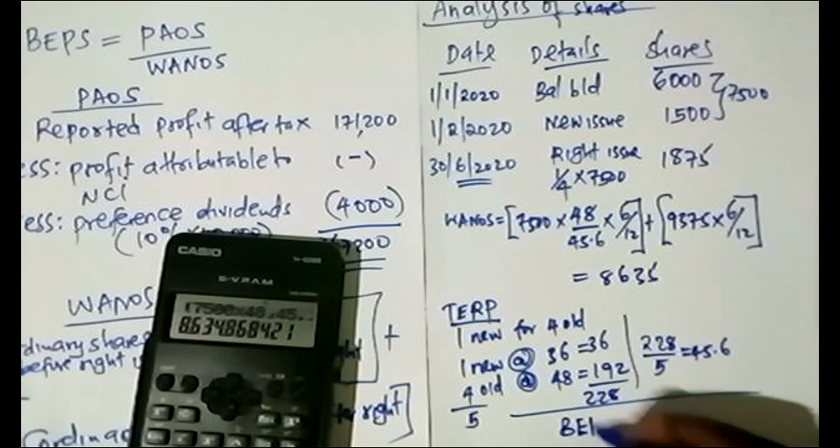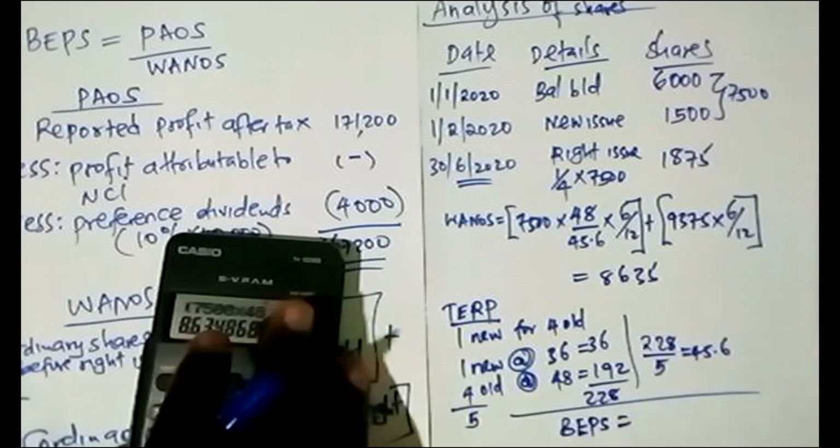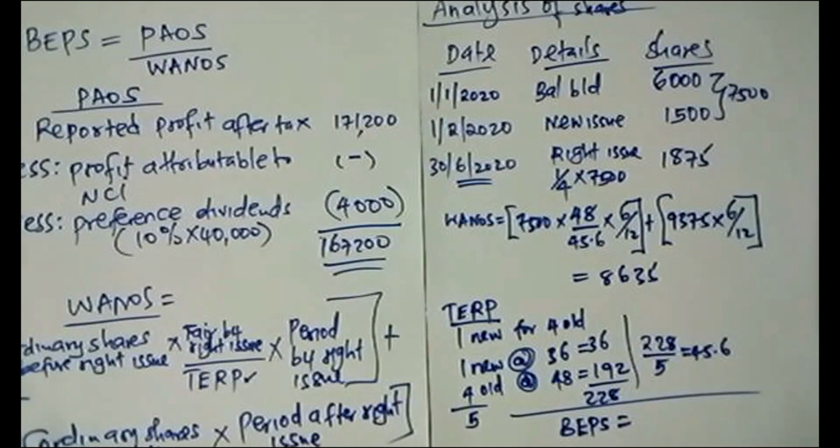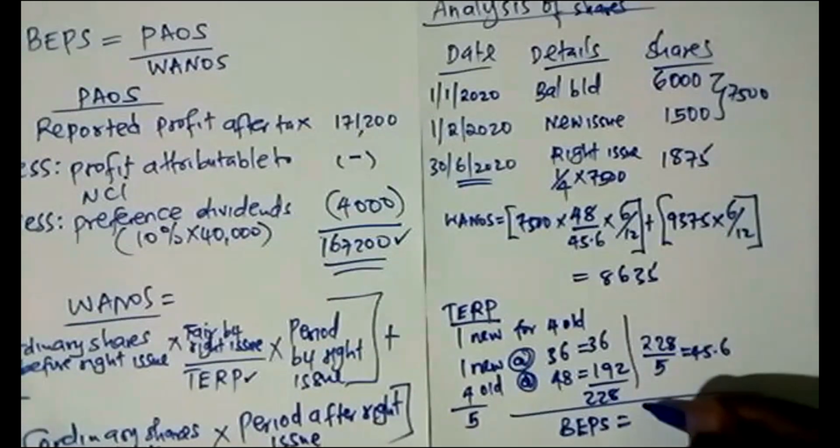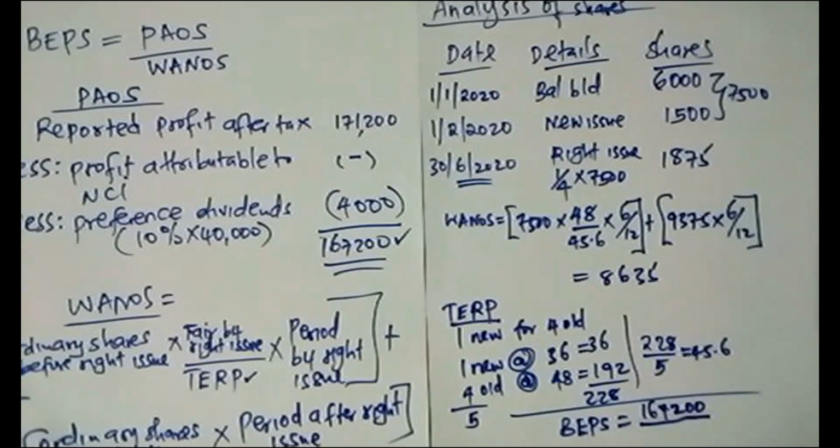Basic earnings per share is equal to the profit attributable to ordinary shareholders, which is 167,200, divided by 86.35.